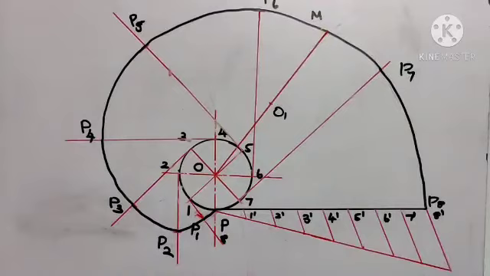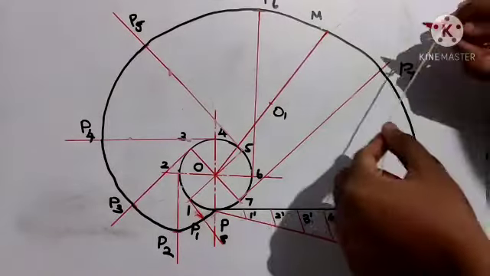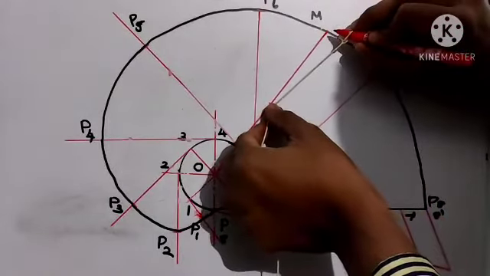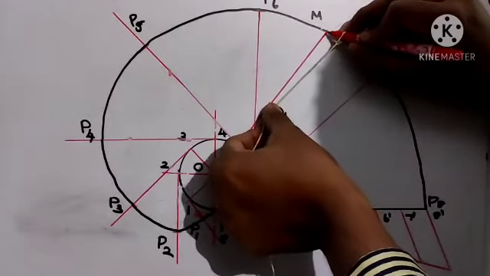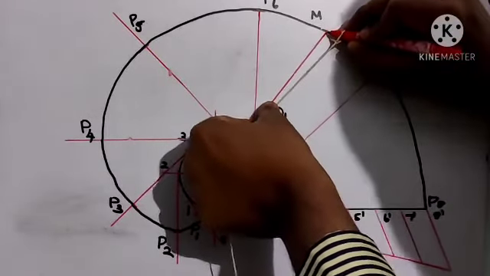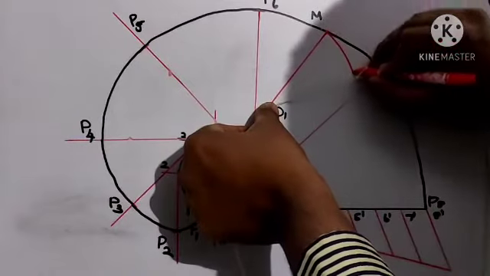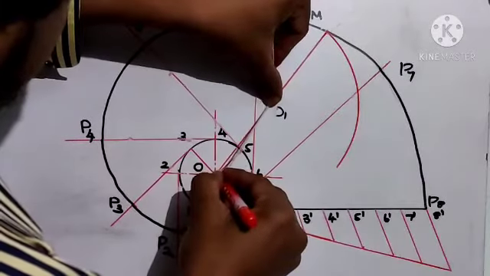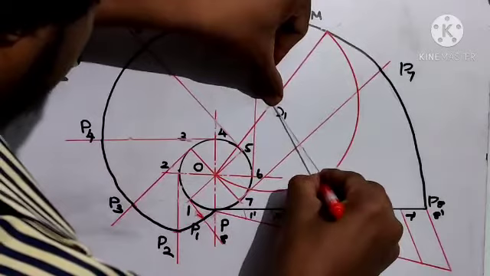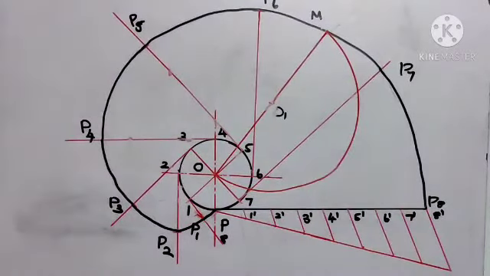You can use any convenient method to find the midpoint. After finding the midpoint, keeping that midpoint as the center and the distance between O and M as the radius, we need to make a semicircle, something like this.